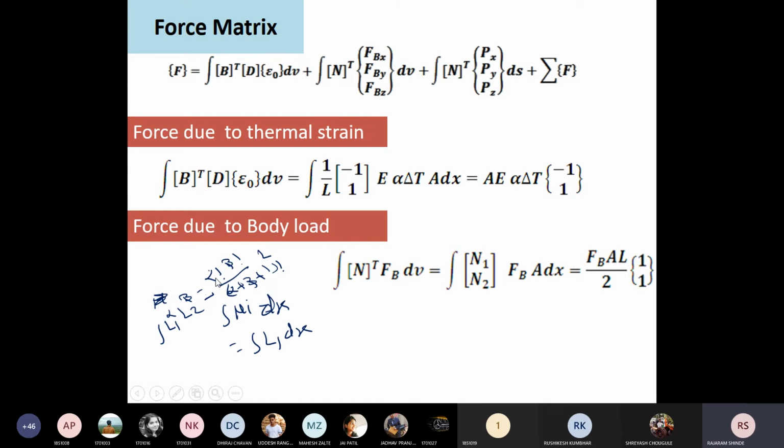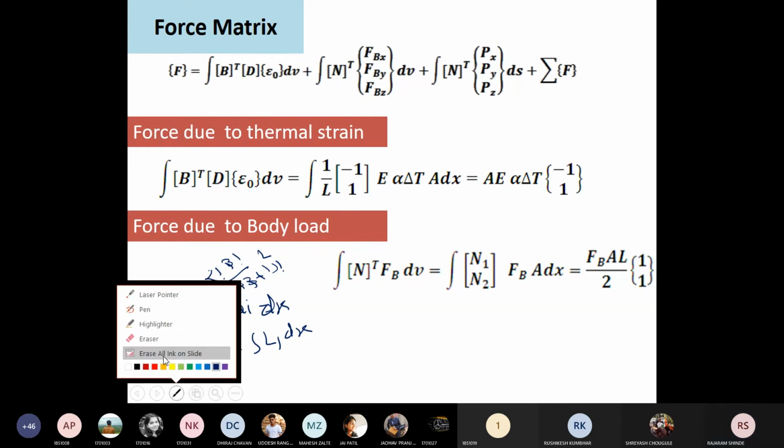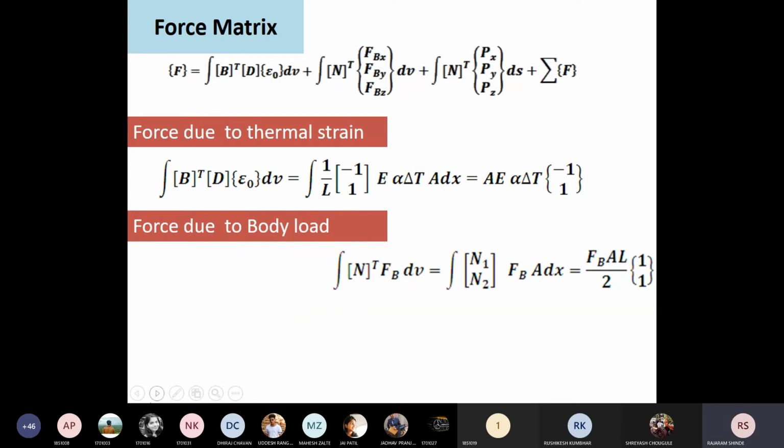So 1 factorial, 0 factorial, 1 plus 0 plus 1, it is 2, that is L by 2. Now you will get FB A L by 2.